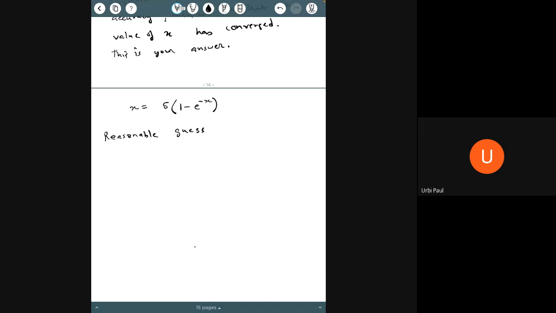If your guess is very far away from the actual answer, you will not get convergence very easily, or it will take very long, like hundreds of steps. So it's important to get a reasonable guess. In our case, a reasonable guess of x is 5. So we can start iterating.